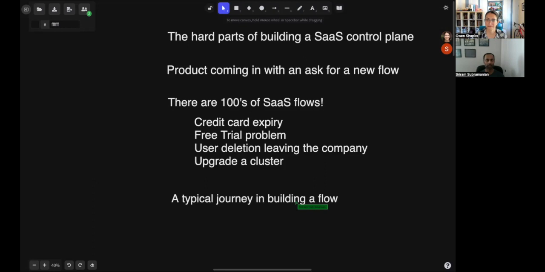But that is the requirement: I want to notify the customer to renew their card information because it's going to expire in a few days. So this is the problem definition. We need to remind the customer to renew the card.